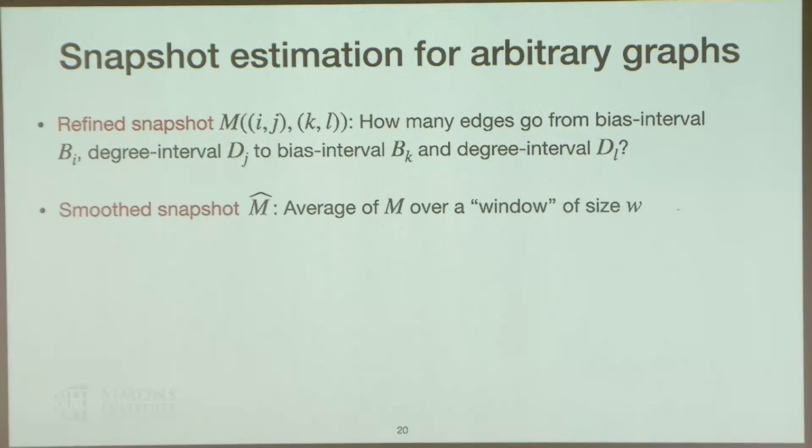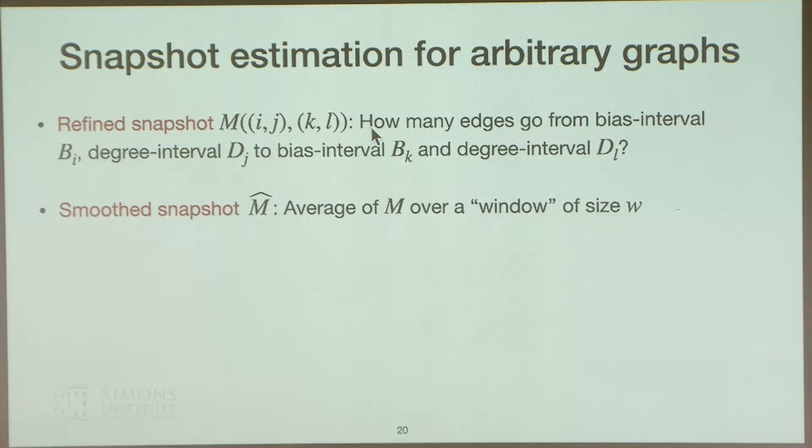And so what we do is that, as I mentioned earlier, it's going to be really hard to compute this snapshot correctly with high probability, because when you're looking at the stream and trying to measure which vertex belongs to what degree interval or bias interval, especially at the boundary vertices, you're going to make some mistakes. So you won't be able to compute the refined snapshot with high probability.